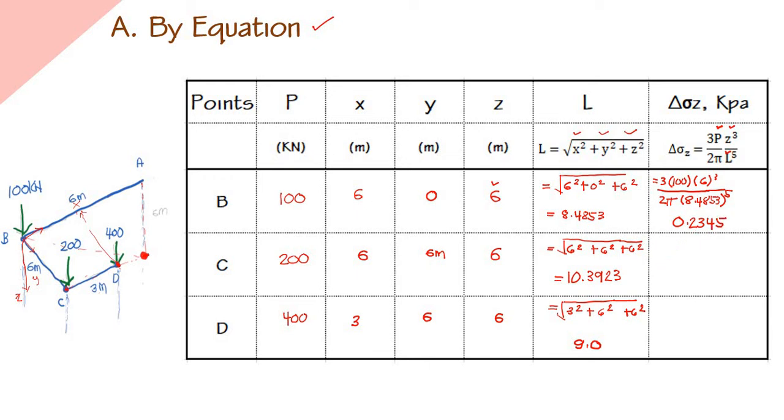Next is considering point C, simply substitute the equation, that is 3 times 200 times our Z, which is 6 cubed, divided by 2 pi multiplied by 10.3923 raised to 5.